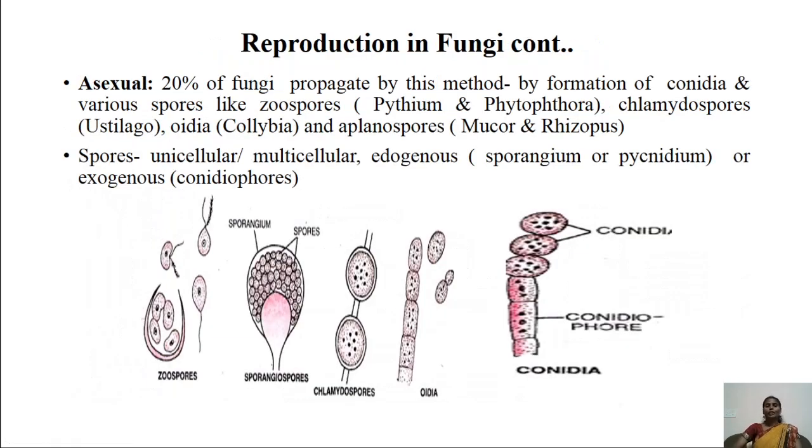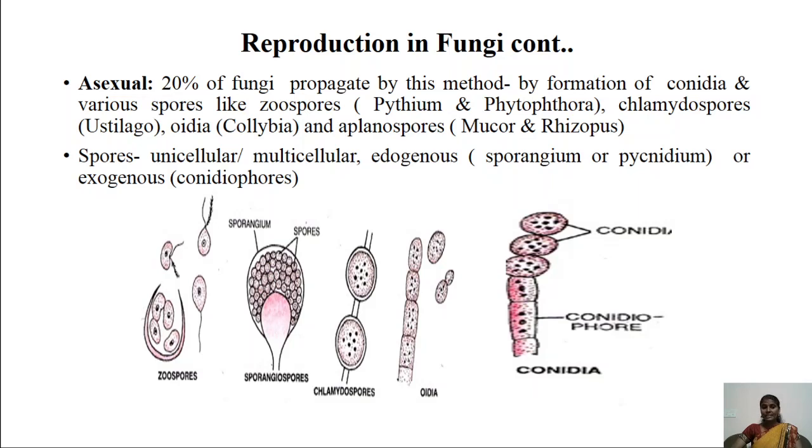Coming to asexual reproduction, about 20% of the fungi identified till today propagate by this method, which is usually by the formation of conidia and other spores like zoospores, chlamydospores, oidia and aplanospores. We are going to study these asexual spores in detail in the next session.